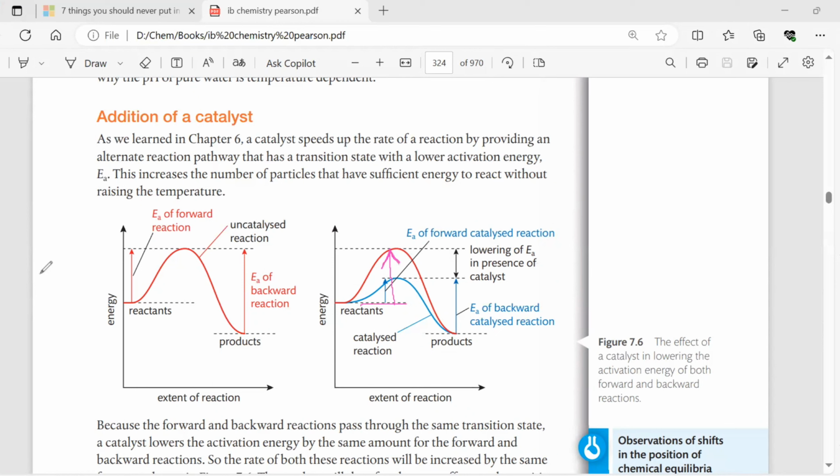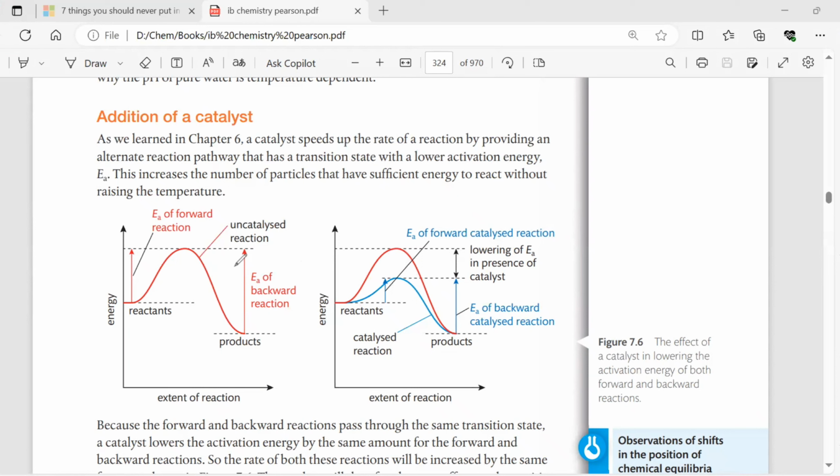Now, it provides the alternative pathway. So this is the activation energy. If you see this reaction, the activation energy got lowered by this amount. It provided an alternative pathway at lower activation energy.